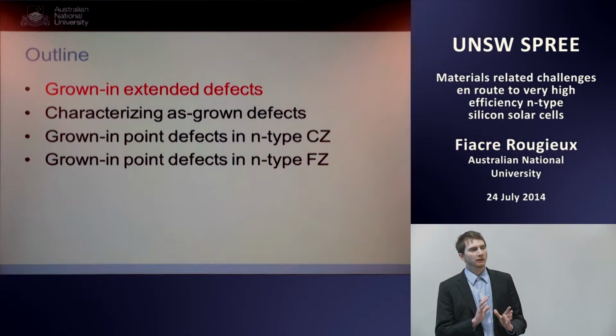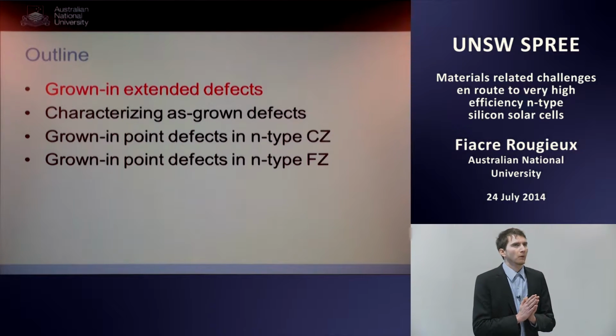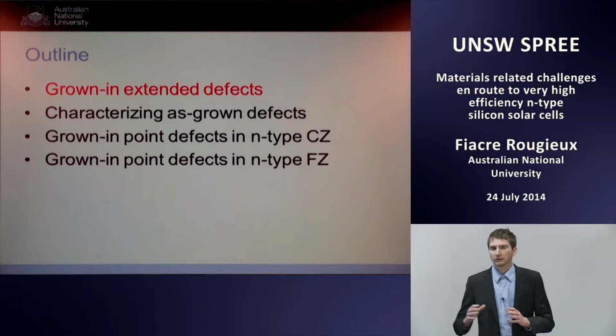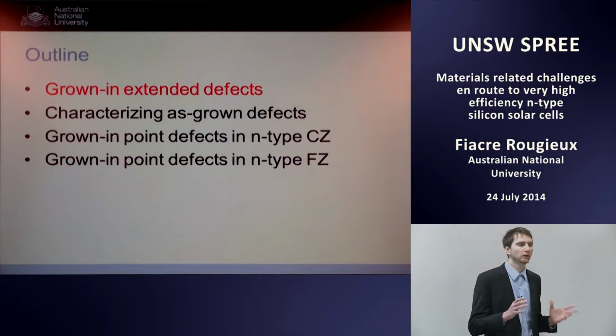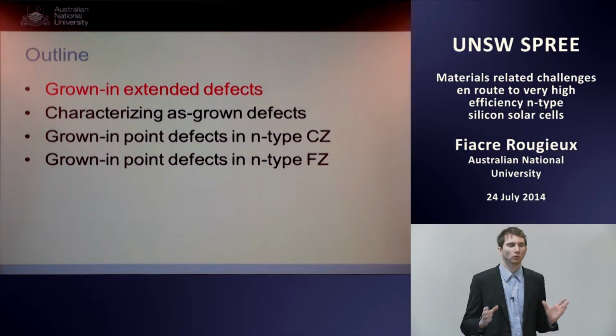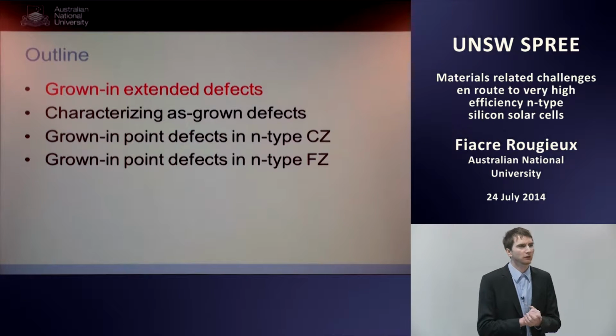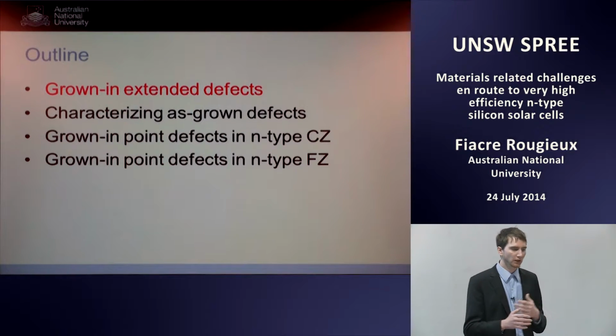And typically here, this is very different than a standard P-type monocrystalline silicon solar cell, where the boron-oxygen defect we know is the main defect limiting the lifetime, or P-type multicrystalline silicon, where iron or dislocations or grain boundaries are the main limiting mechanisms.